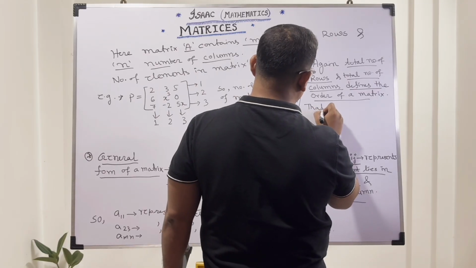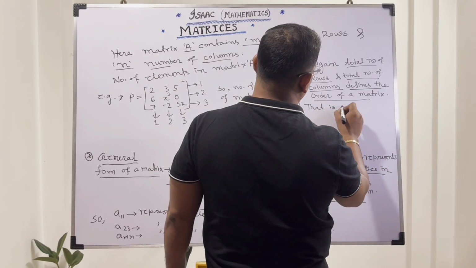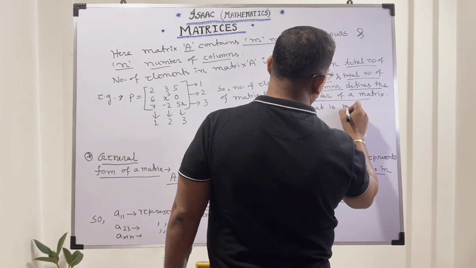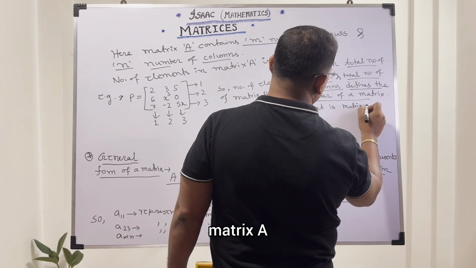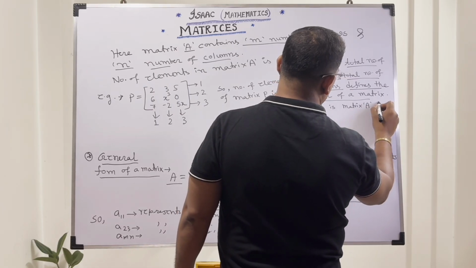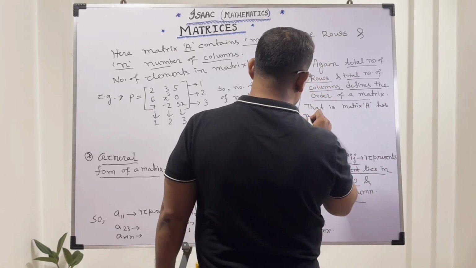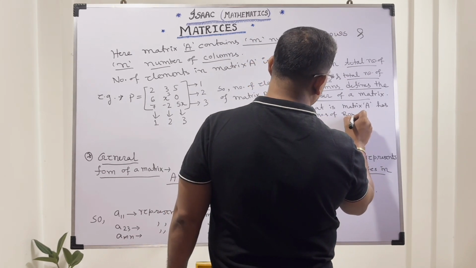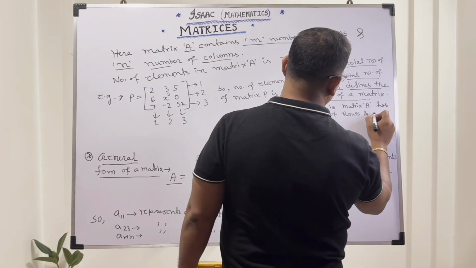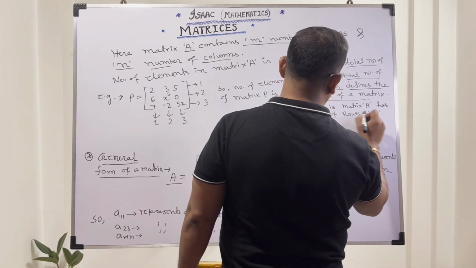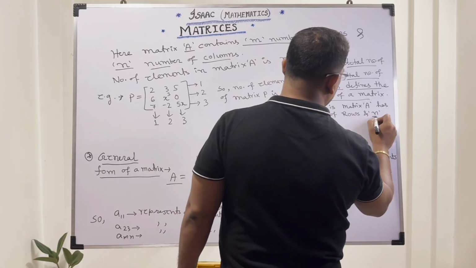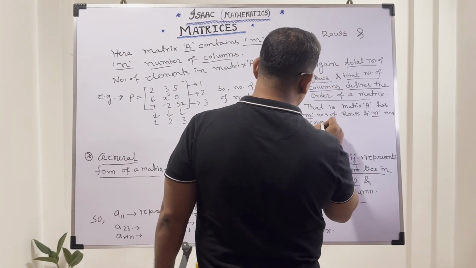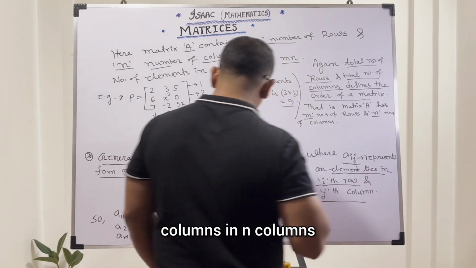That is, matrix A has m numbers of rows and n numbers of columns.